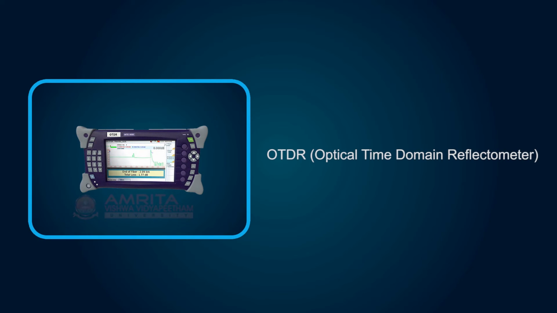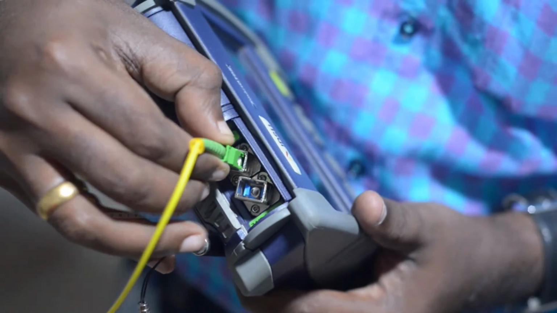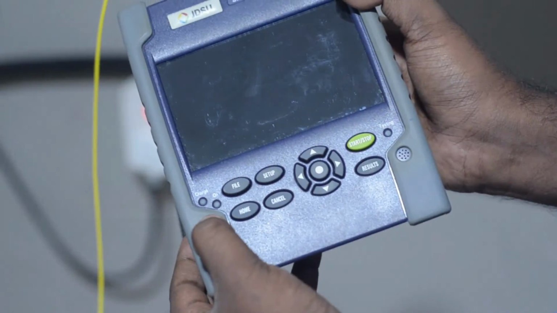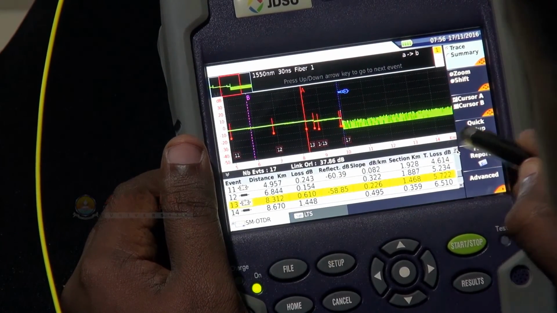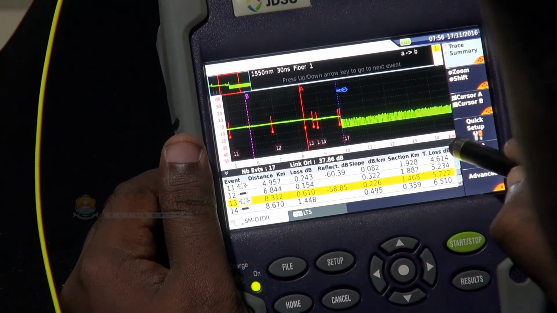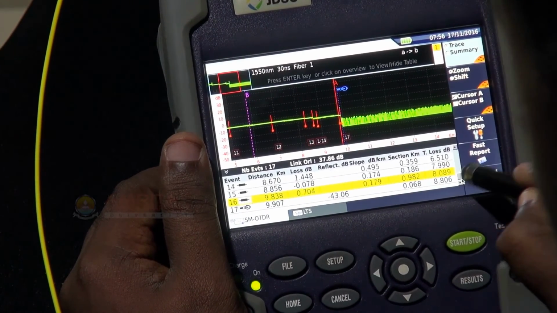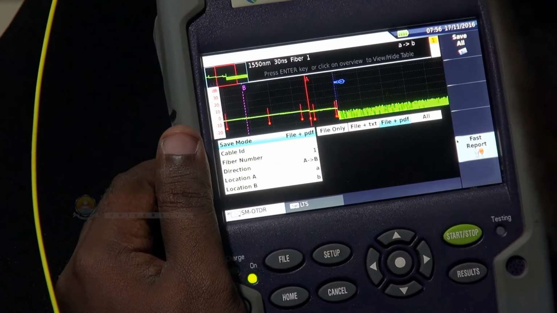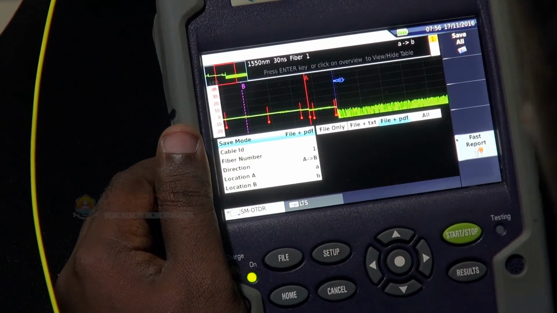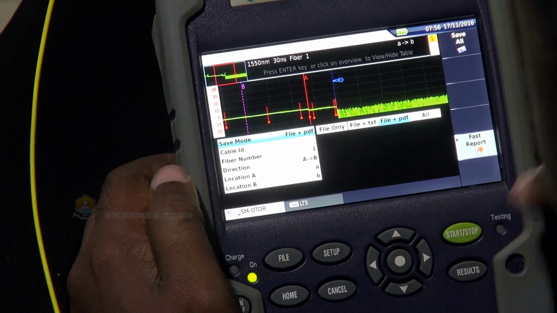OTDR, Optical Time Domain Reflectometer. An optical test instrument used to detect light loss in a single fiber by injecting short laser pulses into the fiber and then measuring the subsequent backscatter level at all points along the fiber. It gives the display output of all event loss along with the distance measurement.